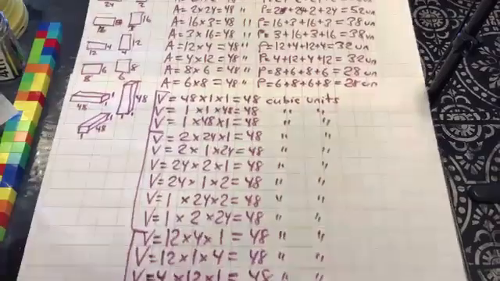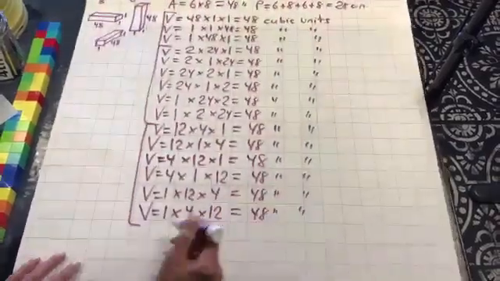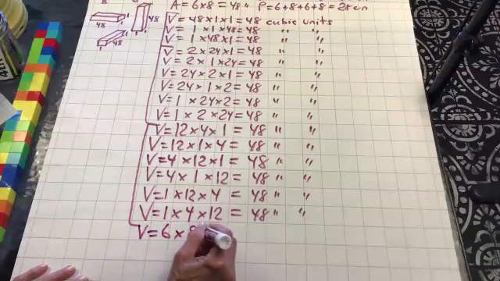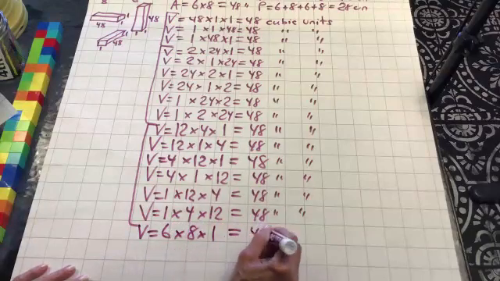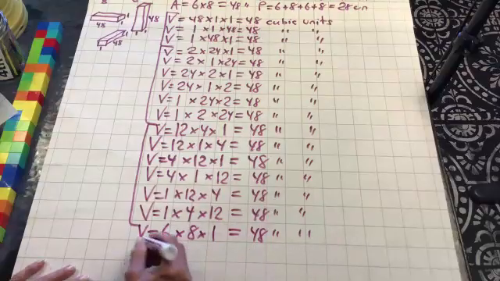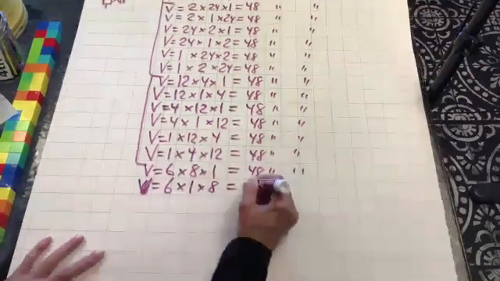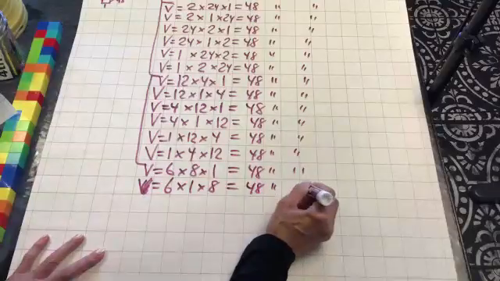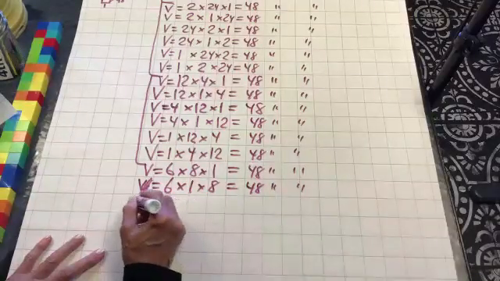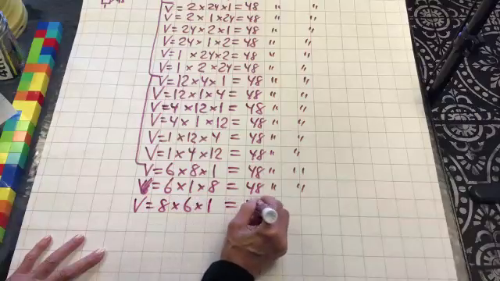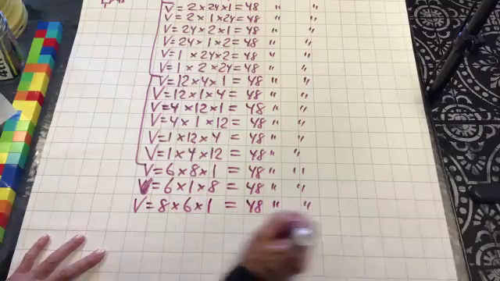All right, last but not least, we go on to 6 times 8. So we have a 6 by 8 by 1, which equals 48 cubic units. Then we're going to have a 6 by 1 by 8 equals 48 cubic units. And we have an 8 by 6 by 1 equals 48 cubic units.